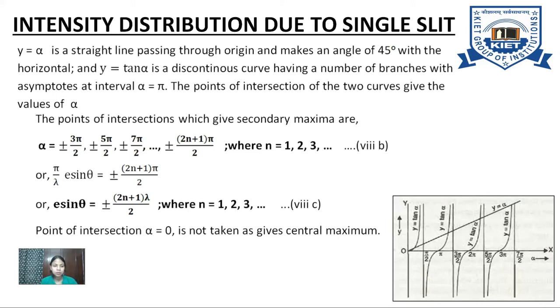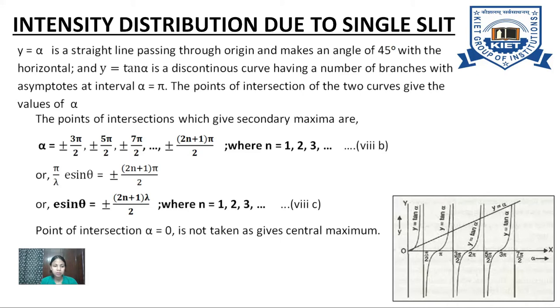Now if I put the value of alpha and solve it, we get pi upon lambda e sine theta is equal to plus minus (2n plus 1) pi by 2, or e sine theta is equal to plus minus (2n plus 1) lambda by 2. Here n is equal to 1, 2, 3, and so on.